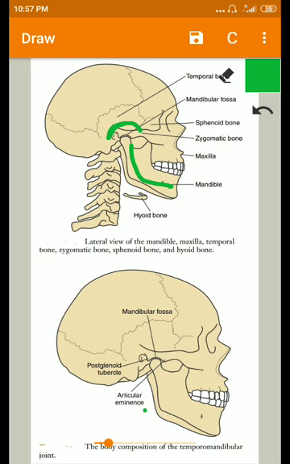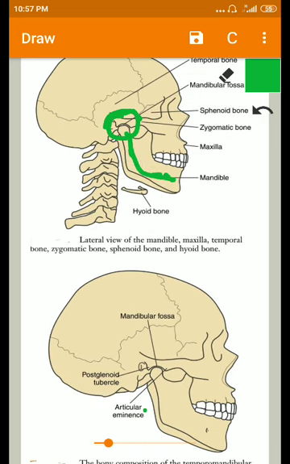So here the temporomandibular joint is formed by the horseshoe shaped bone that has an articulation with the temporal bone at each end of the mandible, forming two completely separate joints at two ends.